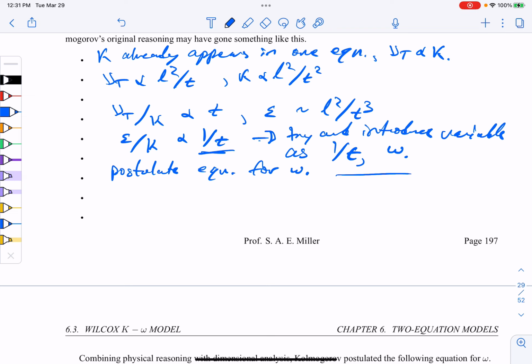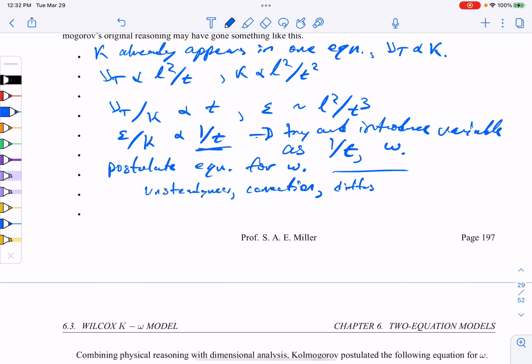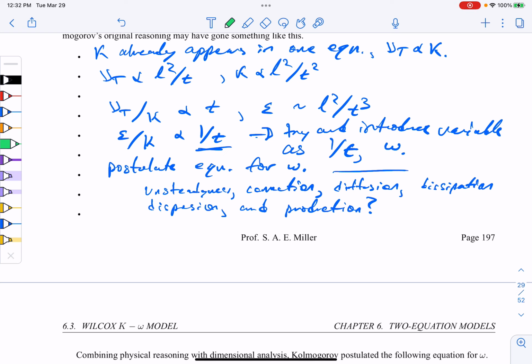And these might be some unsteadiness, some convection of omega, some diffusion, some dissipation, dispersion, and production. Well, he didn't really put that one in, and that's why I noticed that term is missing up there.